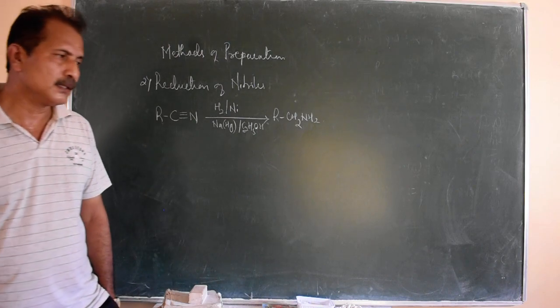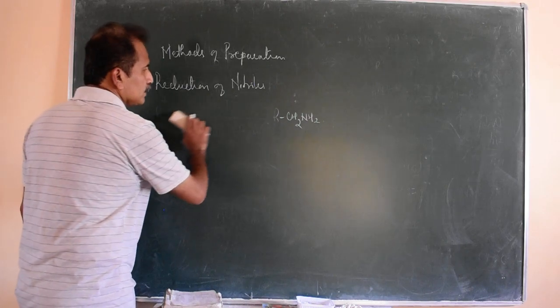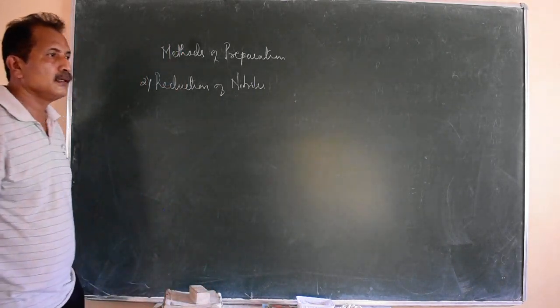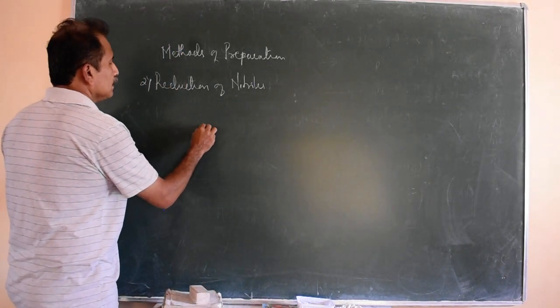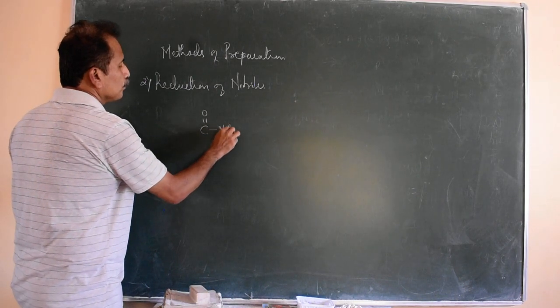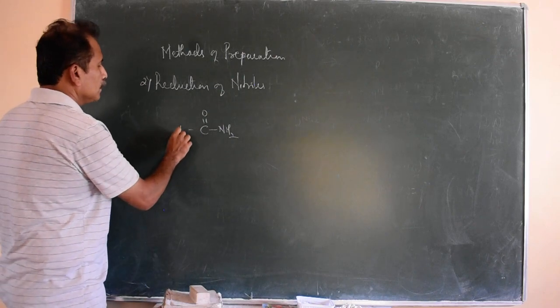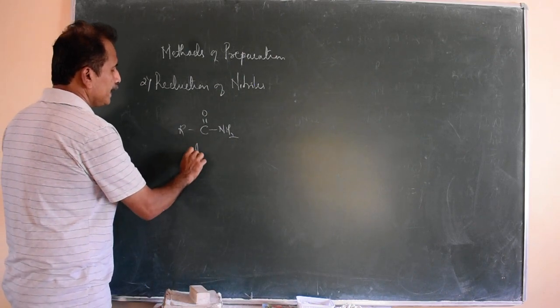Similarly, we can also use the amides. So what is an amide? An amide has the C double bond O dash NH2 group attached to R. It becomes amide.